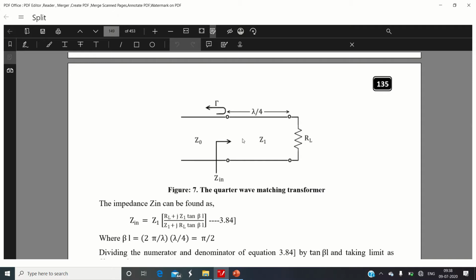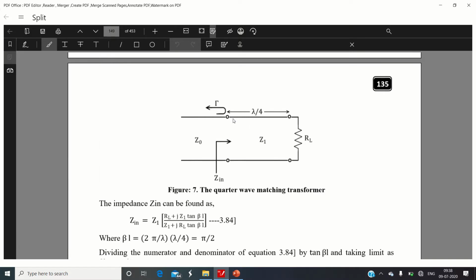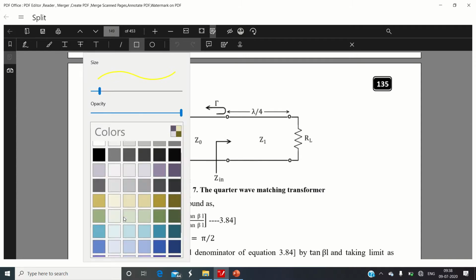Now I will highlight the region with some color.